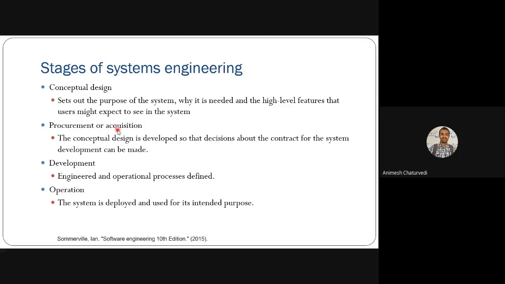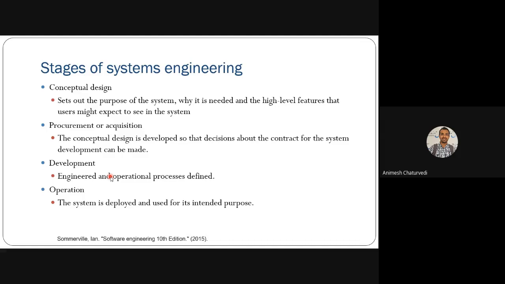Then procurement or acquisition: how you will decide whether you want this contractor for that system, whether that contractor is able to develop it or not. This type of legal dealing of acquisition and procurement is done in this case. Then development depends on the system, and that requires system engineers: in computer science you need software developers, in mechanical you need mechanical engineers, in civil you need civil engineers.